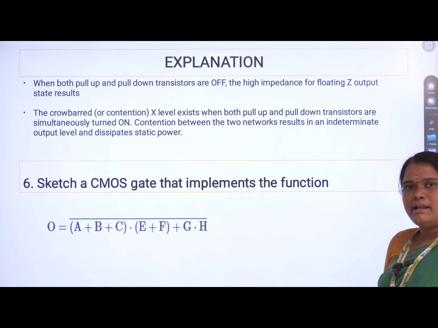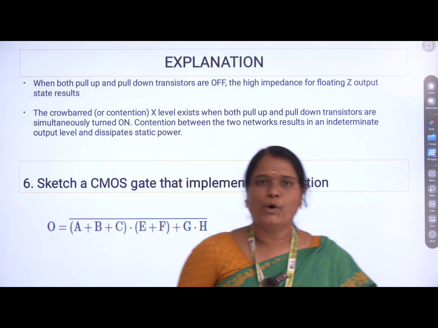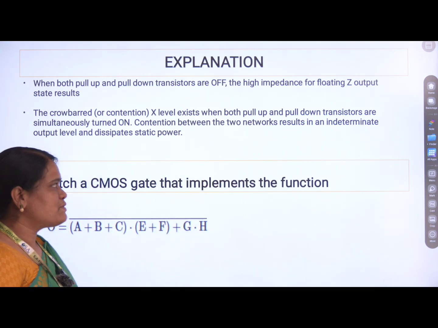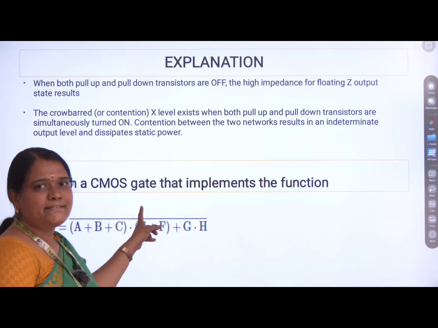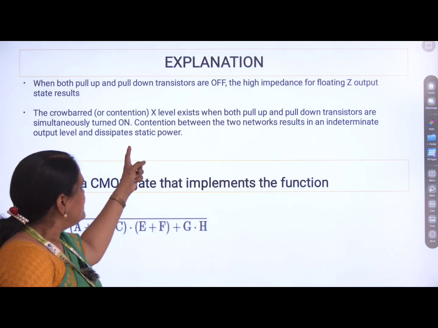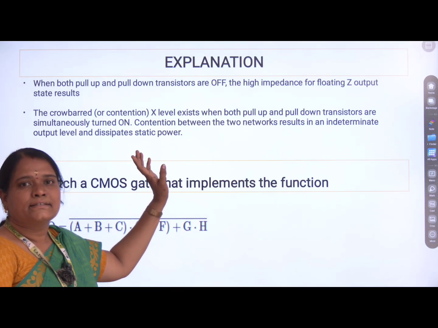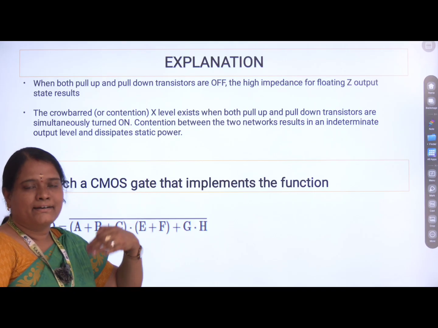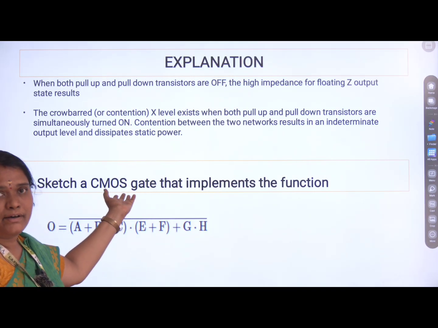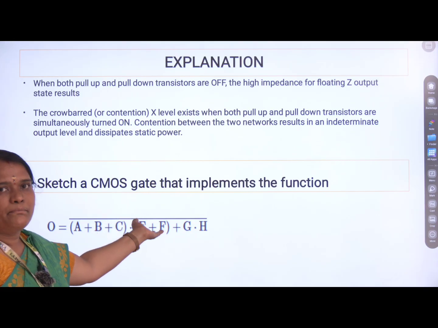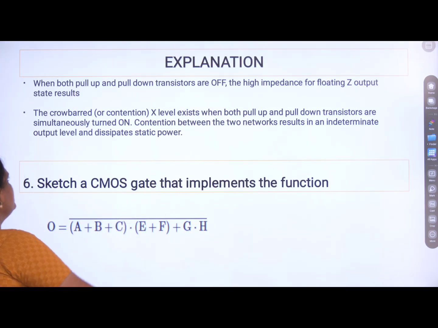In CMOS design, our ultimate aim is to avoid static power dissipation as well as a direct path between PMOS and NMOS, but in this case it violates our constraint on static power, because it dissipates high static power when both NMOS and PMOS are turned on. So this is the crowbar or contention state.